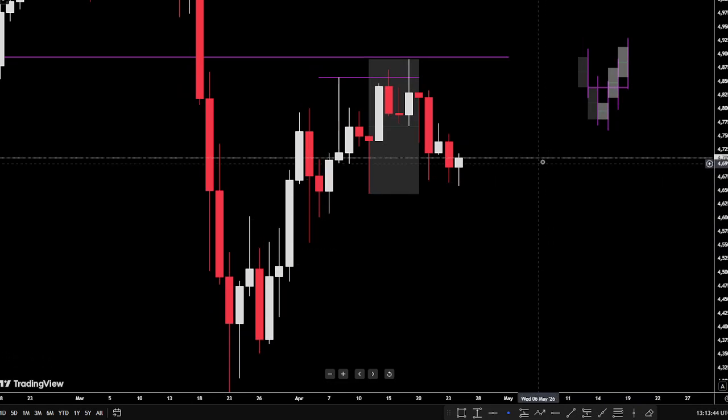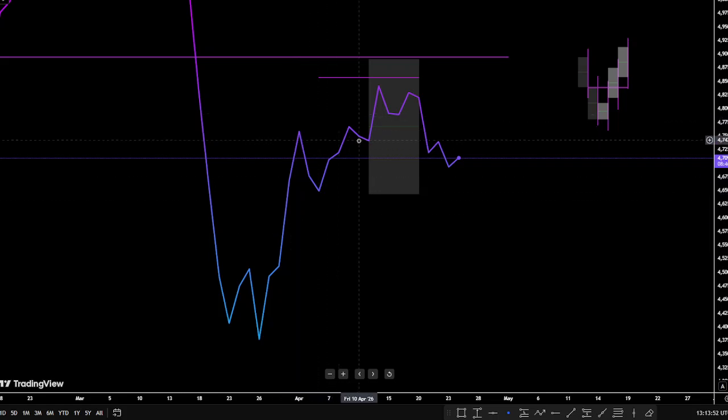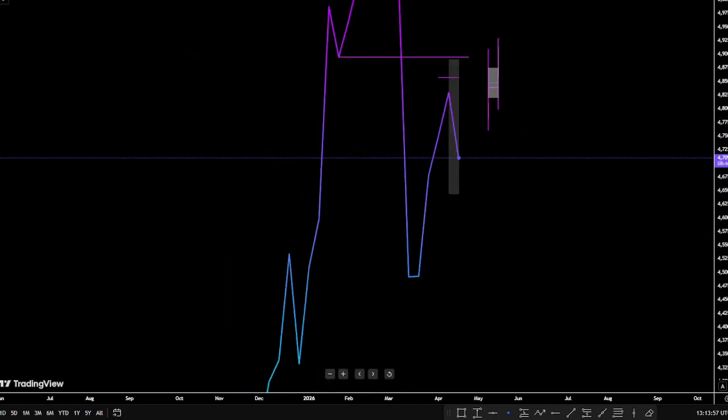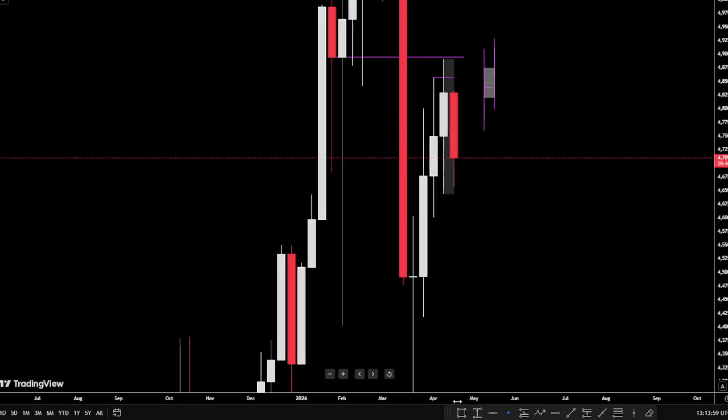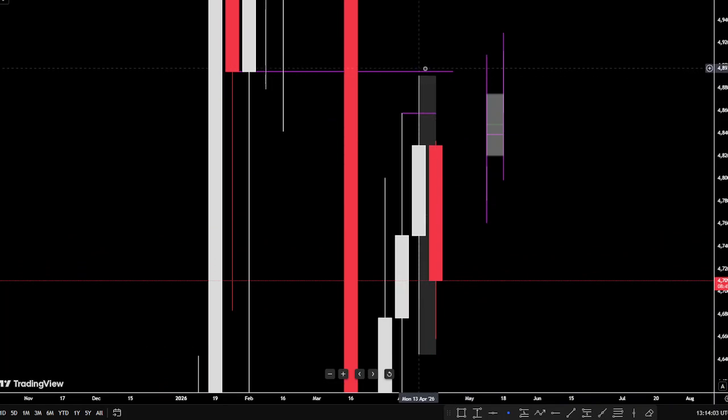right? Now, as much as we traded, we were making higher highs, higher lows, right here. Now, on the weekly, pay attention, you would observe that we didn't quite touch this key level, right?